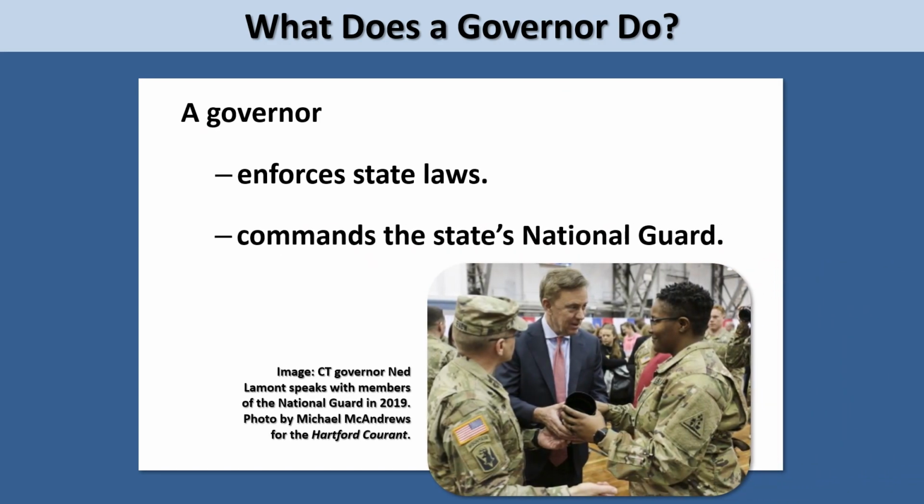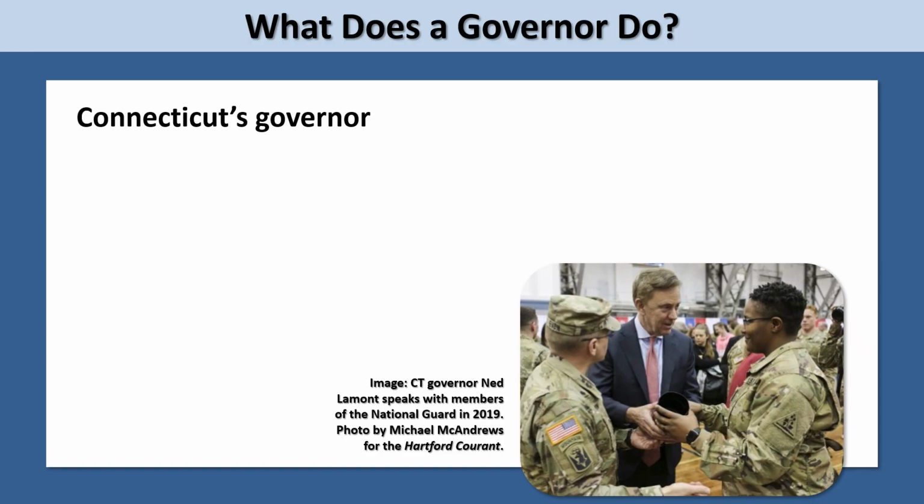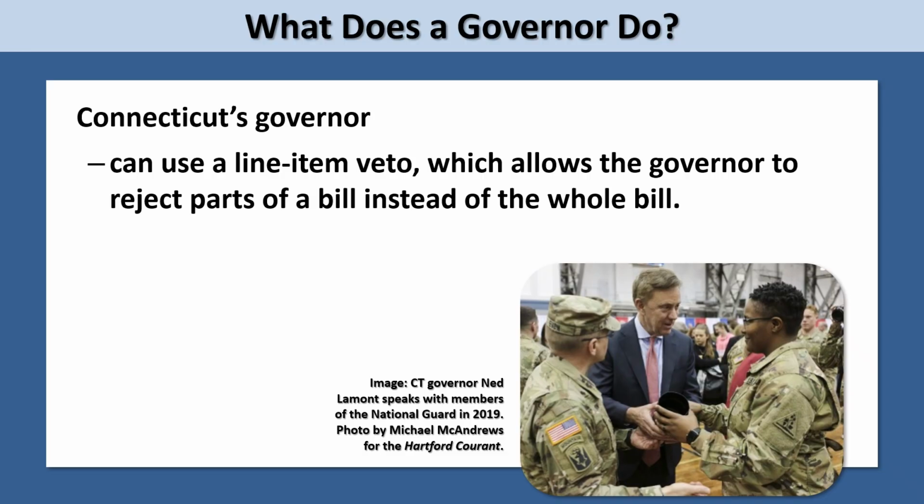The office of governor of Connecticut is different from the office of governor of some other states in certain ways. Connecticut's governor can use what is called a line item veto. A line item veto allows the governor to reject any part of a bill without vetoing the whole bill. Connecticut governors serve 4-year terms.